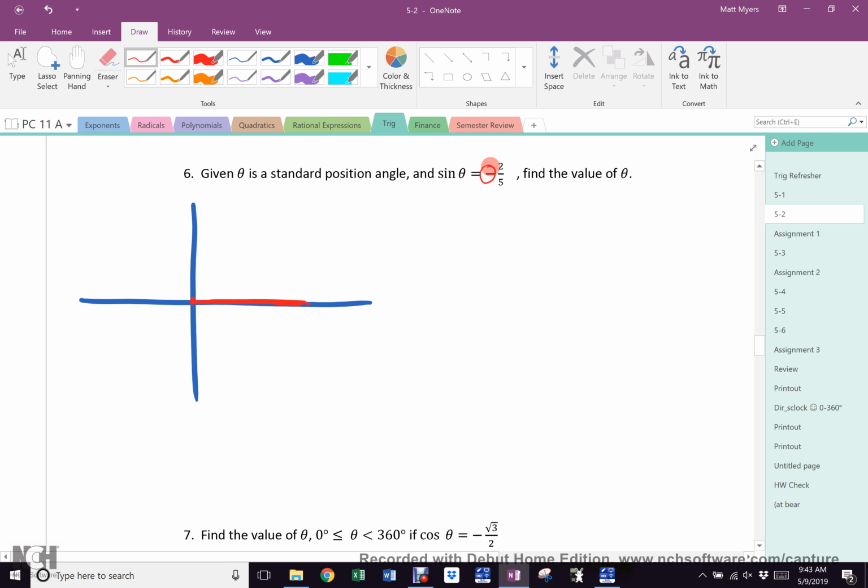Sine is negative. Where are the only places where the terminal arm could be? Could it be here? No, why not? Because sine is positive in the first quadrant like everything else. No. Could it be here?